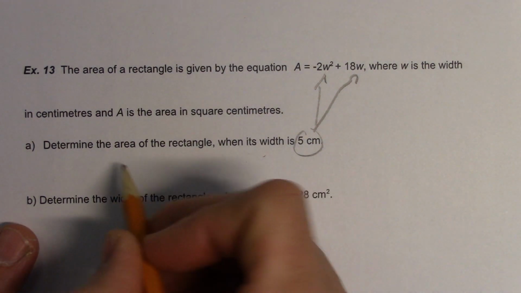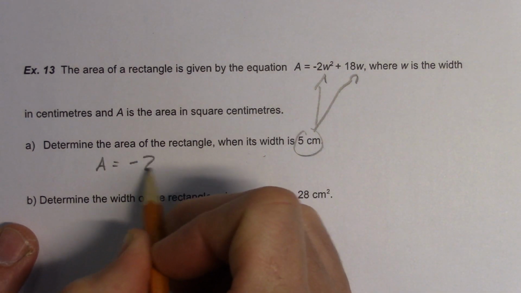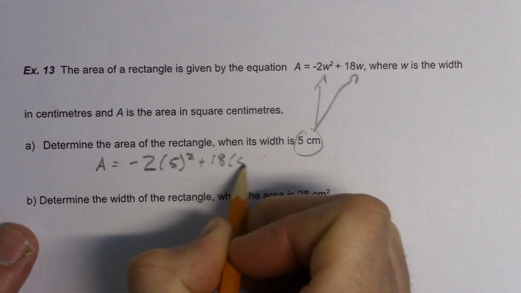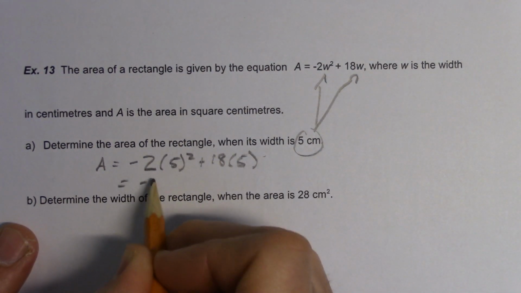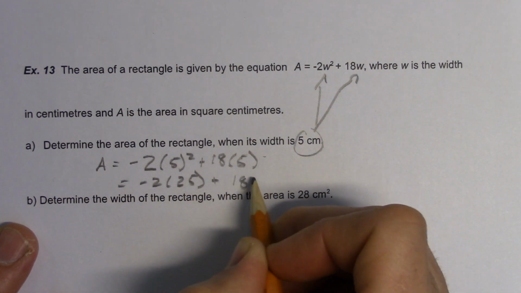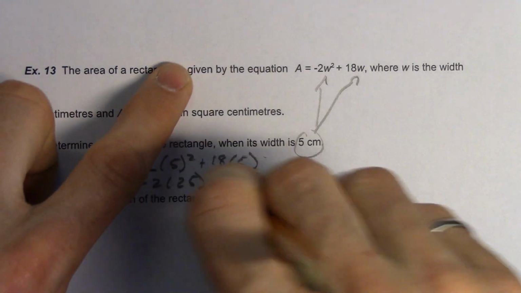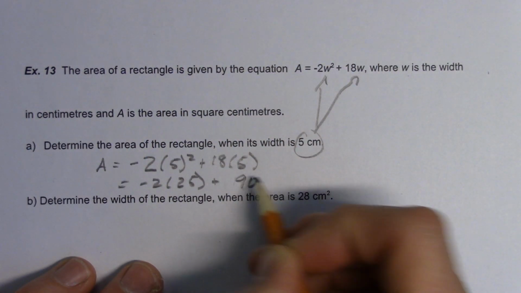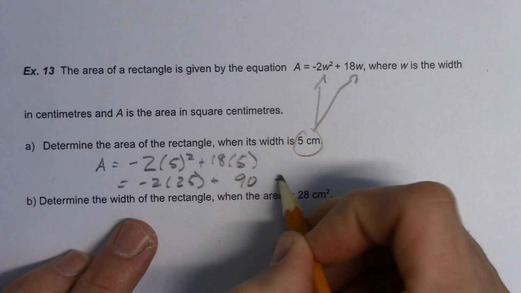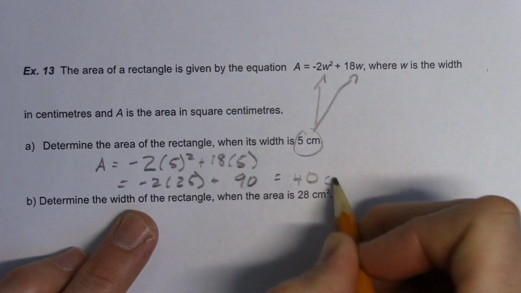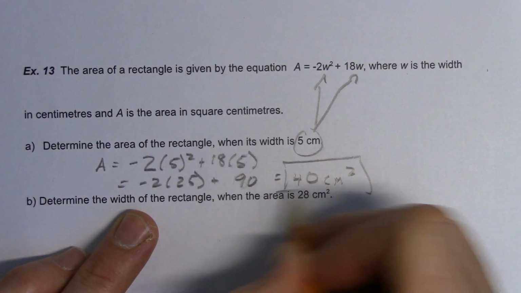So we get area equals -2 times 5 squared plus 18 times 5. So we get -2 times 25 plus 18 times 5, which is 50 plus 40 is 90, I think. And then we have -50 plus 90 is 40. So our area is 40 centimeters squared.